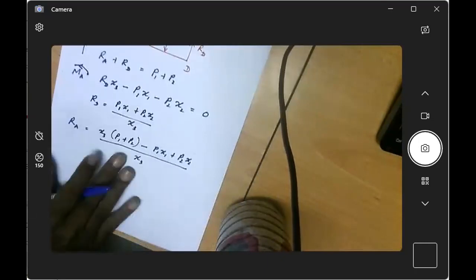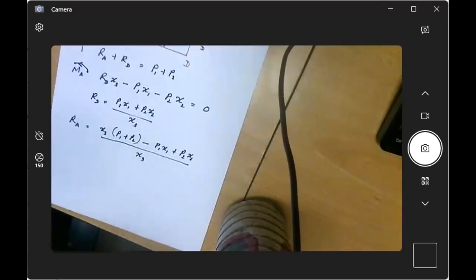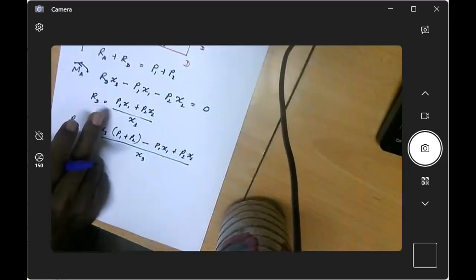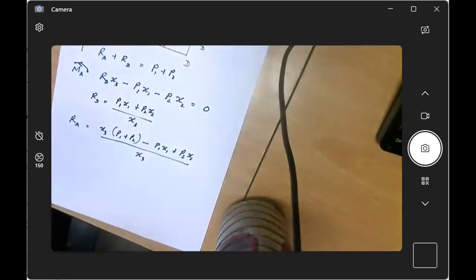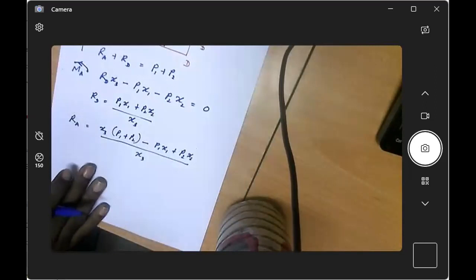So don't worry about the values, because when there is an actual question, you will have the lengths and the forces. Here what we need to know is that we can solve these two reactions, RA and RD. So we know what they are.